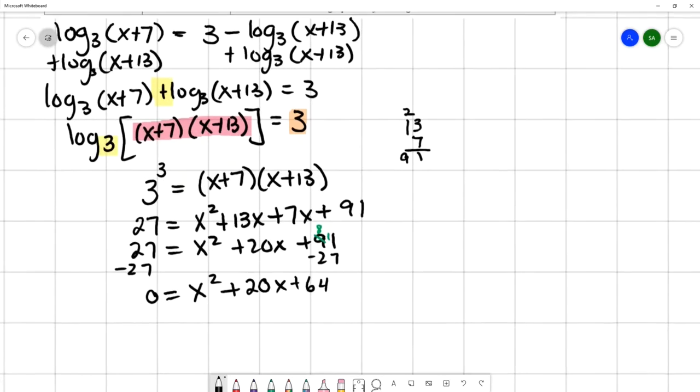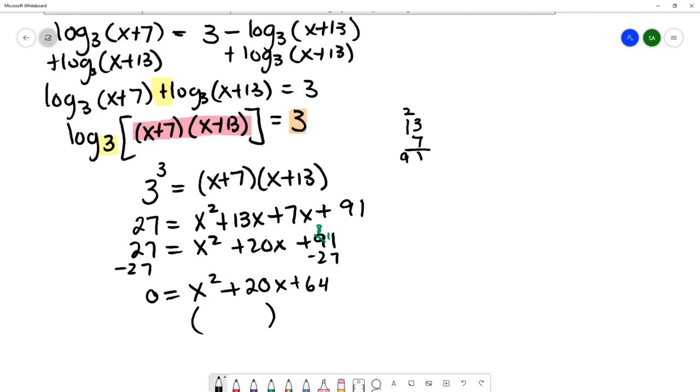And I'm going to see if I can factor this. So let's try that, x and x. Let's see, factors of 64 are 1 and 64, 2 and 32. 3 doesn't go in there. About 4. 4 times 16. 4 and 16 can make a 20.